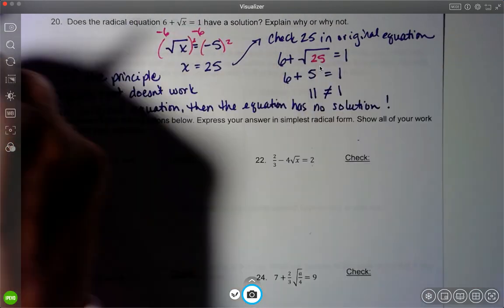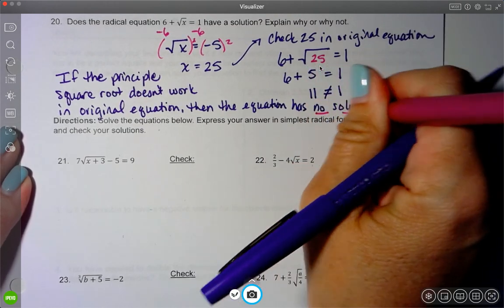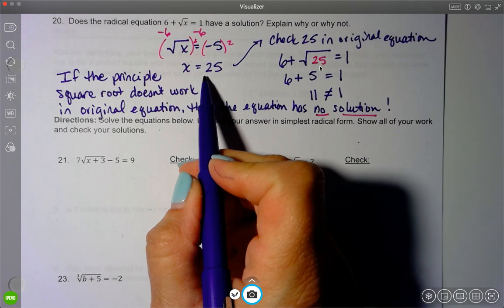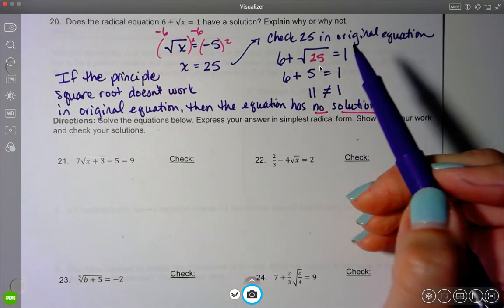No solution. So even though it seemed like this had a solution of 25, it actually didn't work out, right?